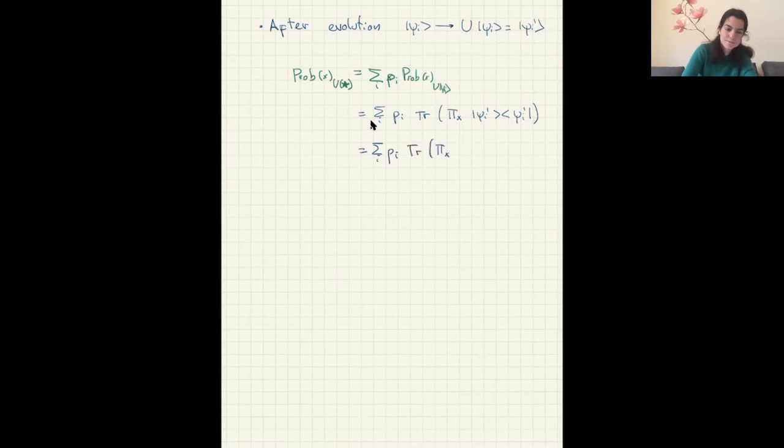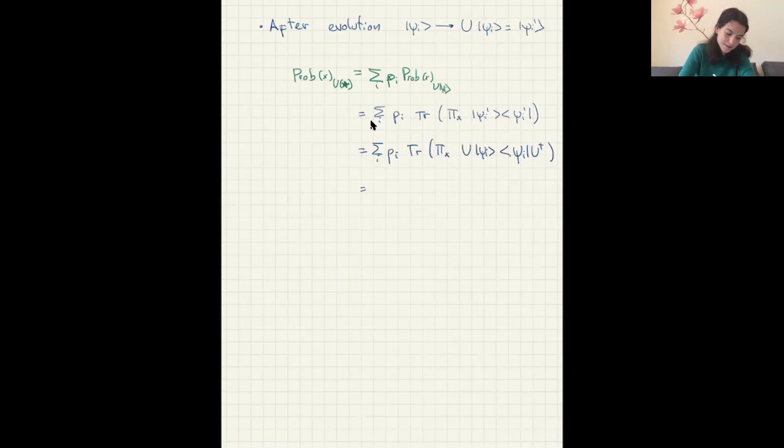So just have psi_i, p_i, trace. Here's my projector. And now this is u psi_i. And this is psi_i, and because it's the transpose conjugate, you get the u dagger there. Good, and now again we use the fact that the trace is linear to put everything inside.